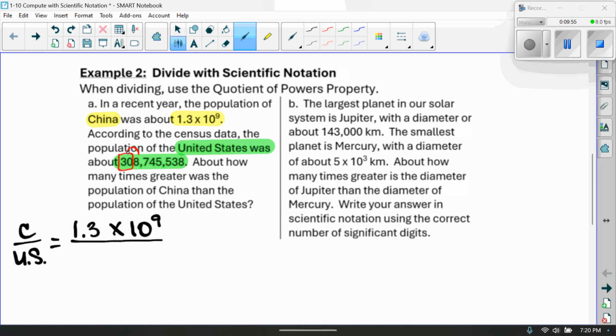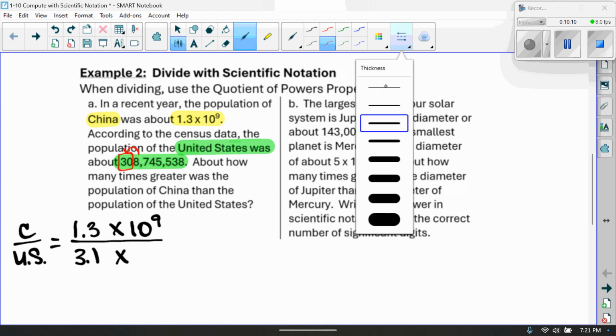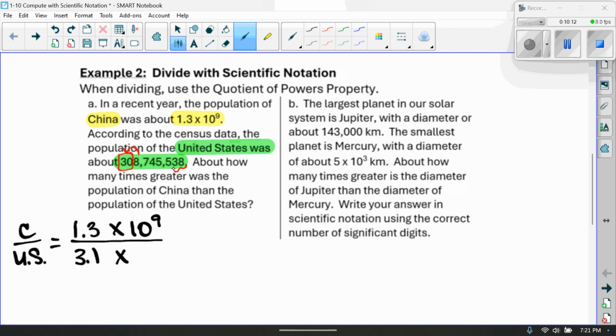Now when we round, that 8 tells us we want to round up. So that's going to be 3.1. Okay, so the factor is going to be a 3.1. And now we need to see how many times we move that decimal to get it there. So that was, let's see here, 1, 2, 3, 4, 5, 6, 7, 8. Okay, so this is going to be times 10 to the 8th power.